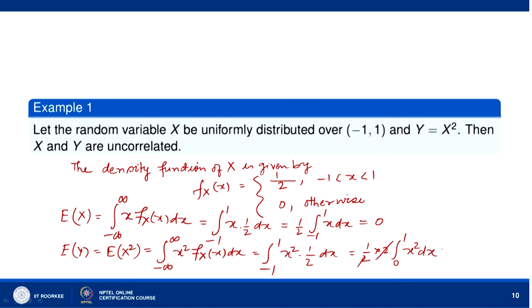So, what we get is x cube by 3, integral of x square is x cube by 3 over the interval 0 to 1, and this gives me value 1 by 3. So, we have got the value of expectation of x, expectation of y. Now, let us find the value of rho. So, we need to find expected value of x y. Okay.